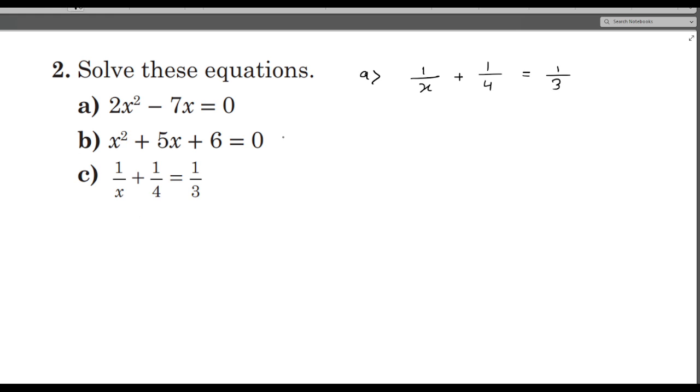So as you keep your x on the left, it is 1 upon x is equal to 1 upon 3 minus 1 upon 4.